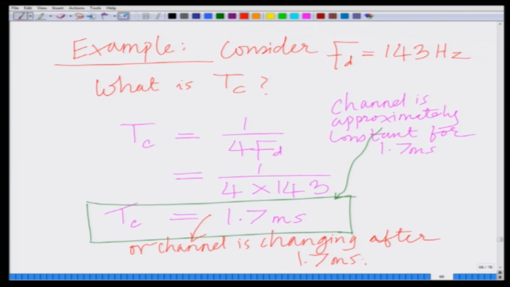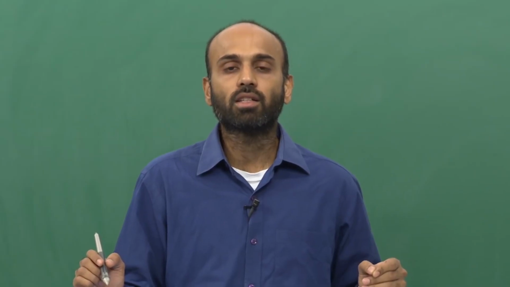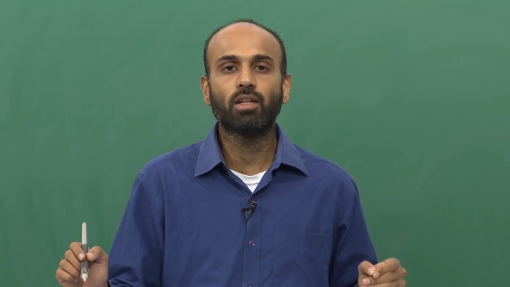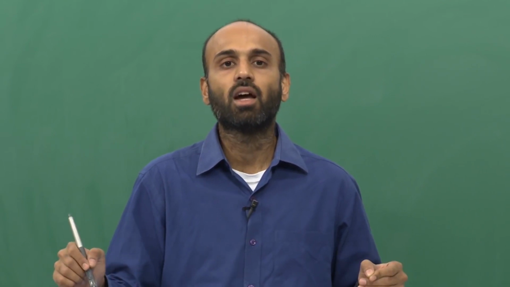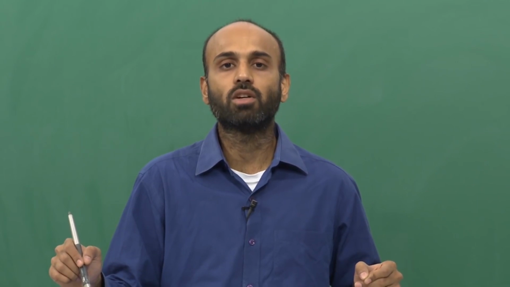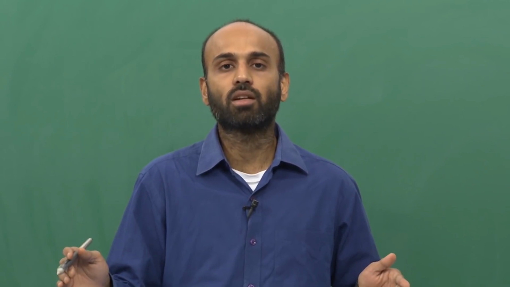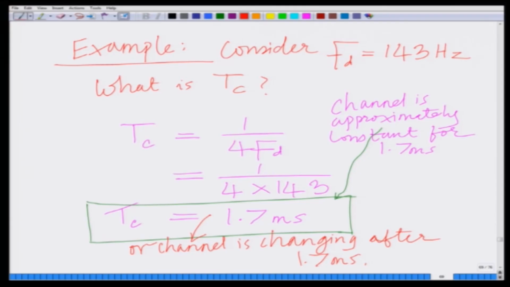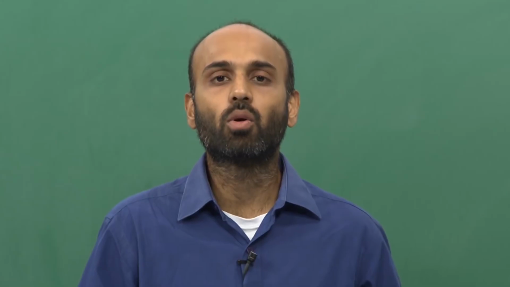So, there are two ways to look at it. The coherence time is 1.7 milliseconds for this scenario with a Doppler of 143 hertz, which means that the channel is approximately constant for a duration of the coherence time, that is 1.7 milliseconds, or the channel is changing after the duration of 1.7 milliseconds. Therefore, the channel is a time varying channel. Alright. So, this concludes our characterization of our wireless channel in terms of the coherence time.